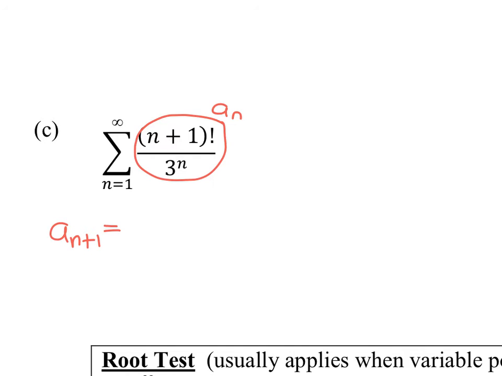So if I were to change this by increasing it by 1, it'd become n plus 2. So n plus 2 factorial, over 3 to the n plus 1, I almost said factorial. 3 to the n plus 1 only.